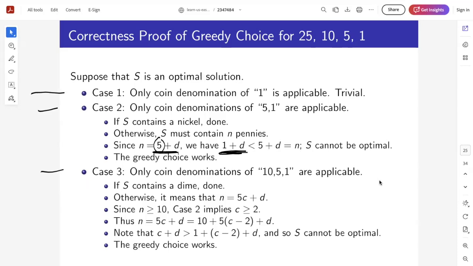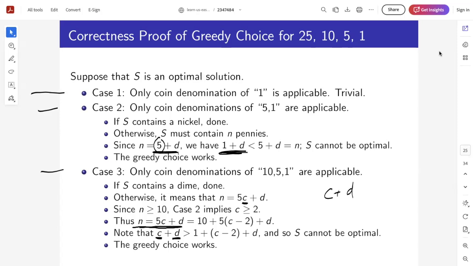If you don't select a dime, that means that you have this number of nickels, because we choose nickels earlier, and the number of coins will be C plus D. But then, let's say we don't use a dime here, then we all use nickels. So this is the number of nickels, which means we don't follow the greedy choice.